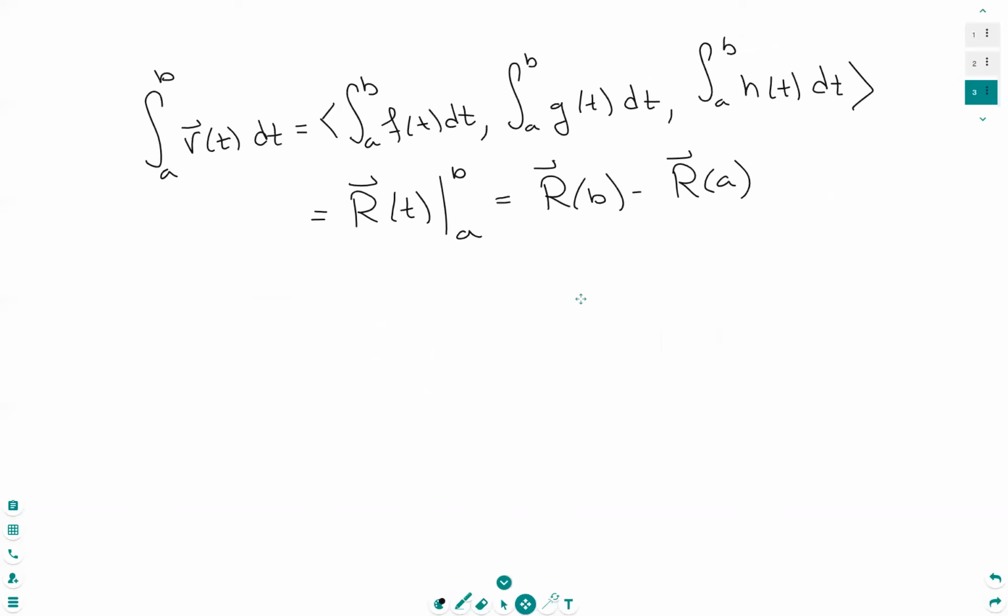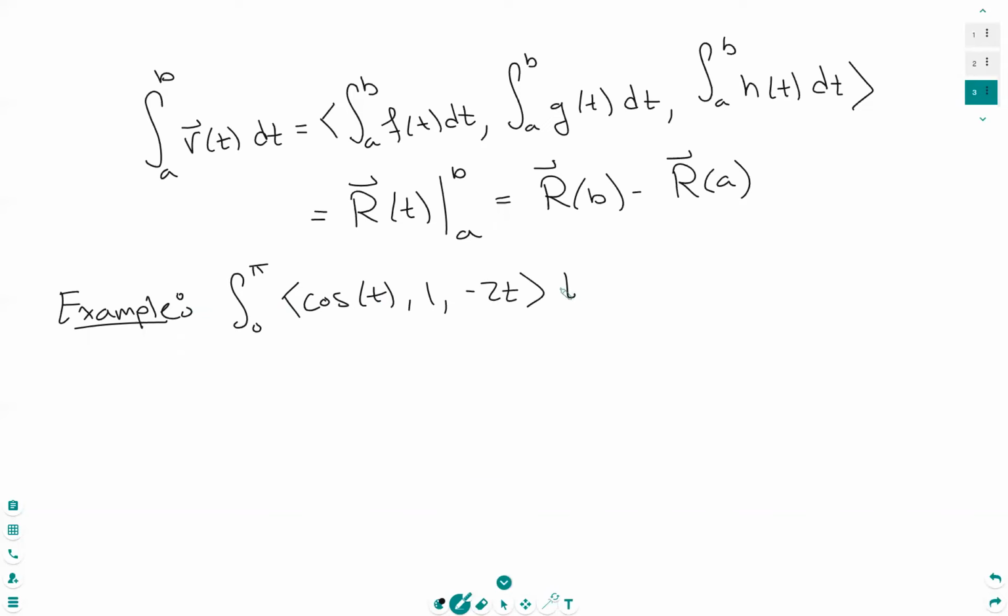Okay, so let's do a quick example where we do some definite integrals. If I look at the integral from 0 to pi of the vector cosine of t, 1, and negative 2t, it's no coincidence that this is the same integrand. So we already know the antiderivative.